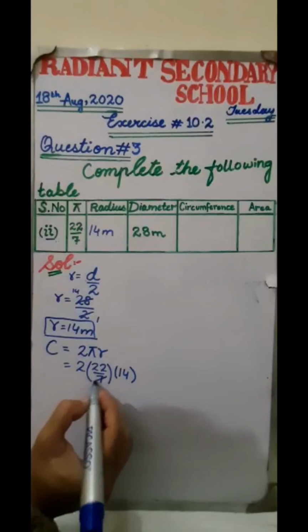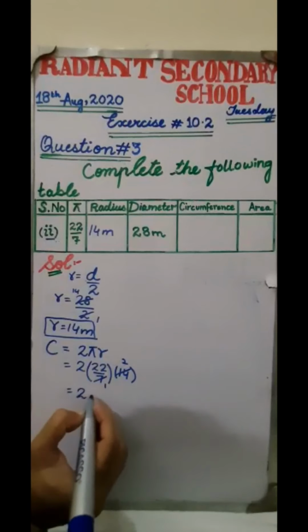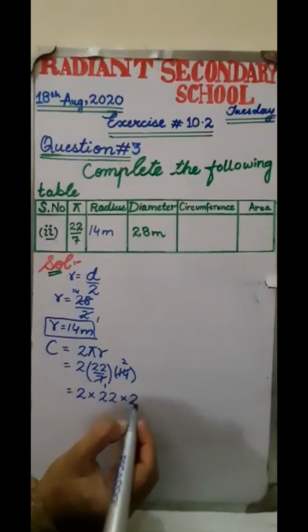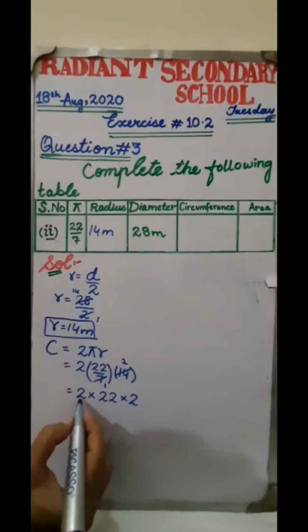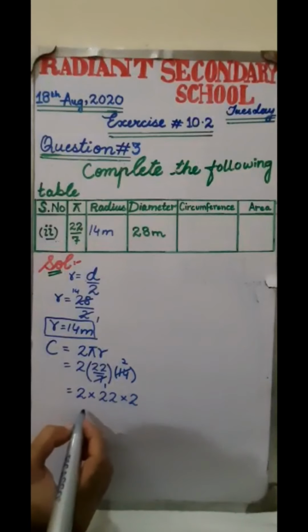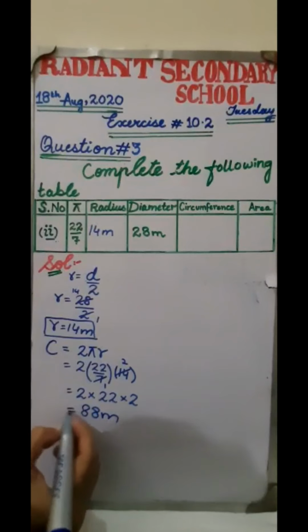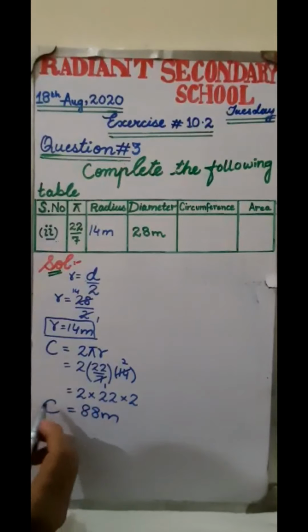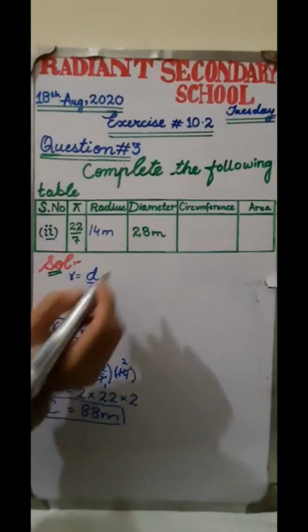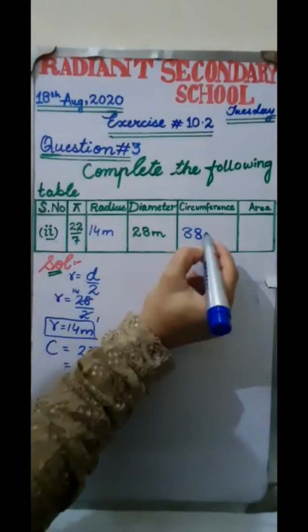Now cut this. 7 ones are 7, 7 twos are 14. Now remaining is 2 multiplied by 22 multiplied by 2. 2 22s are 44, 44 twos are 88 meter. That is our circumference. Write this circumference over there, that is 88 meter.